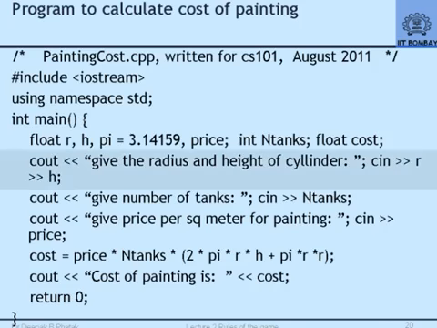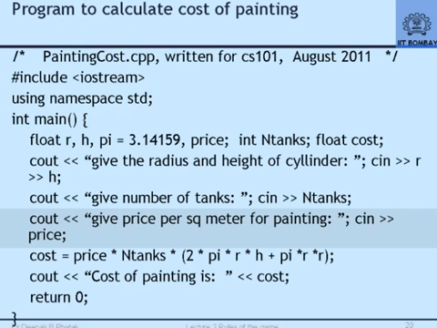I hope you recall that a cout statement of the first kind will give me a message, give the radius and height of cylinder, and the next statement cin greater greater r greater greater h is equivalent to input r and input h. So, two values will have to be given at that point in time when the program starts execution. The next line says give number of tanks, and again I have an input statement which takes n tanks as input.